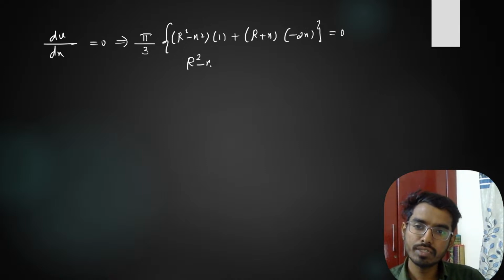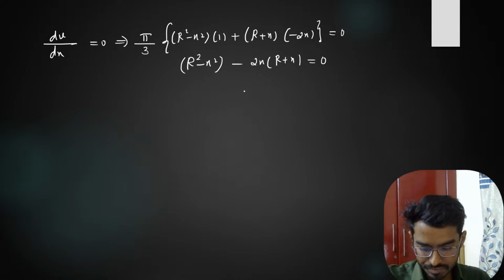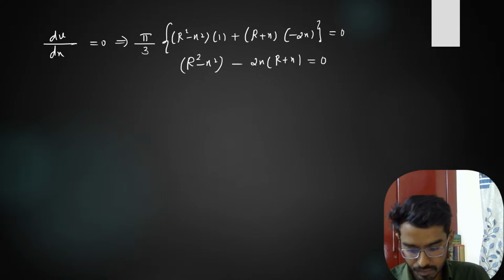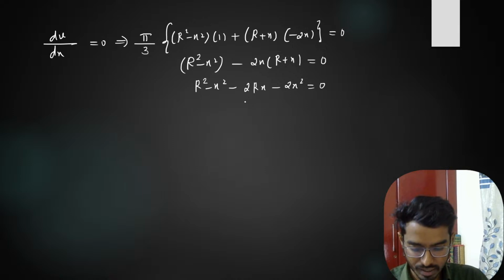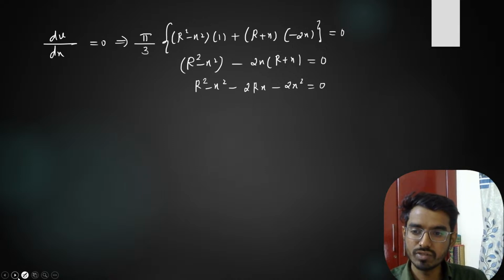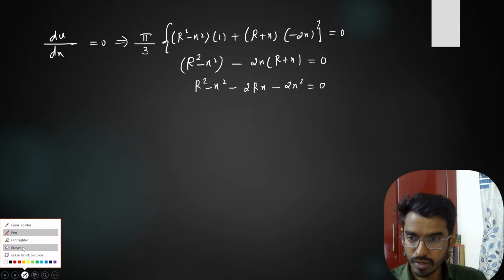So we have r square minus x square minus 2x into r plus x is equal to 0, right? So this will be r square minus x square minus 2rx minus 2x square is equal to 0. You just have to solve for r and x, right? Or else you can do like this.